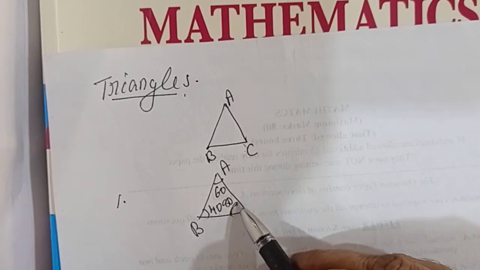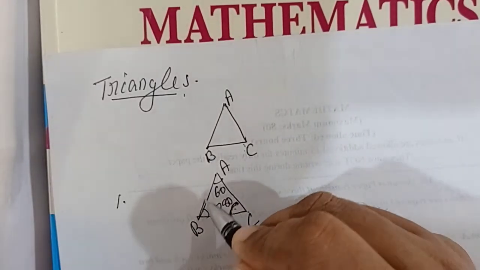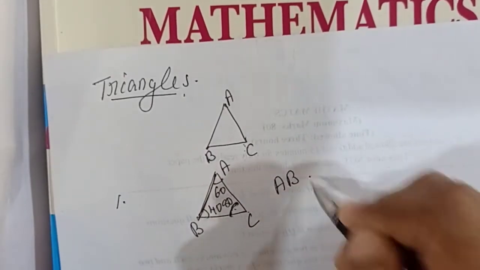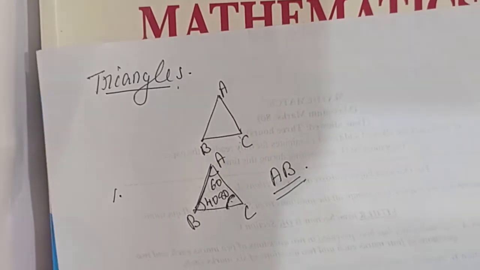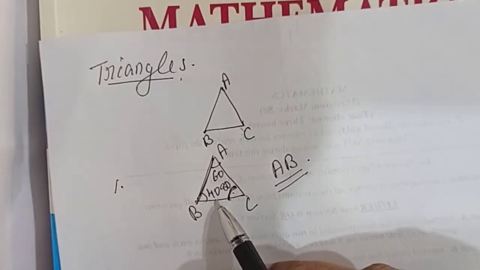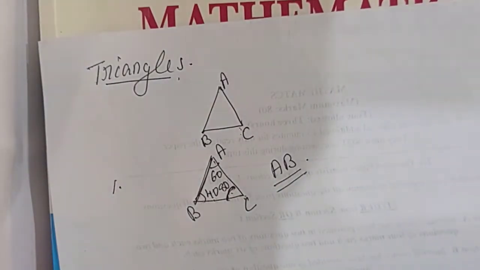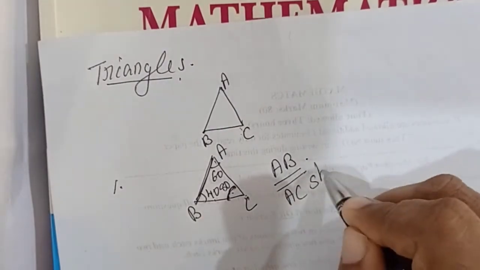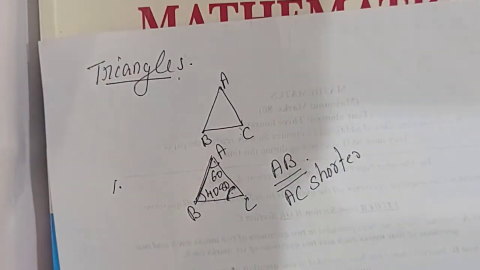Here the angle 80 is C. Therefore, the side opposite to the greater angle is greater. Therefore, AB is the greater side. Then can you say which is the smaller side? Here 40 is the smaller angle. The side opposite to the angle 40, that is AC, is called the shorter side. AC is the shorter side and AB is the longer side.